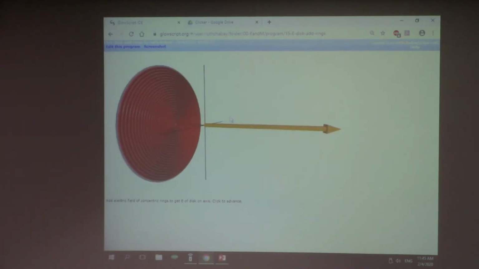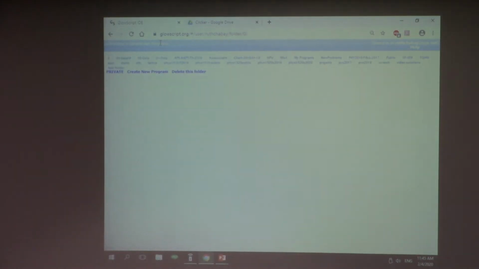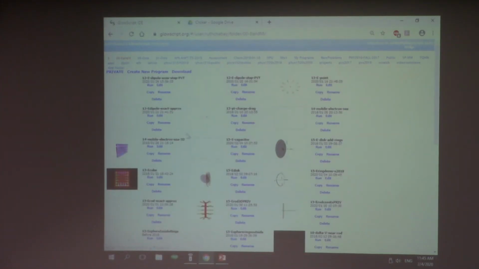So that was what we did with calculus. Now again, that's on the axis. Nonetheless, if we're reasonably close to the center, maybe it's pretty good. So let's see what happens there.